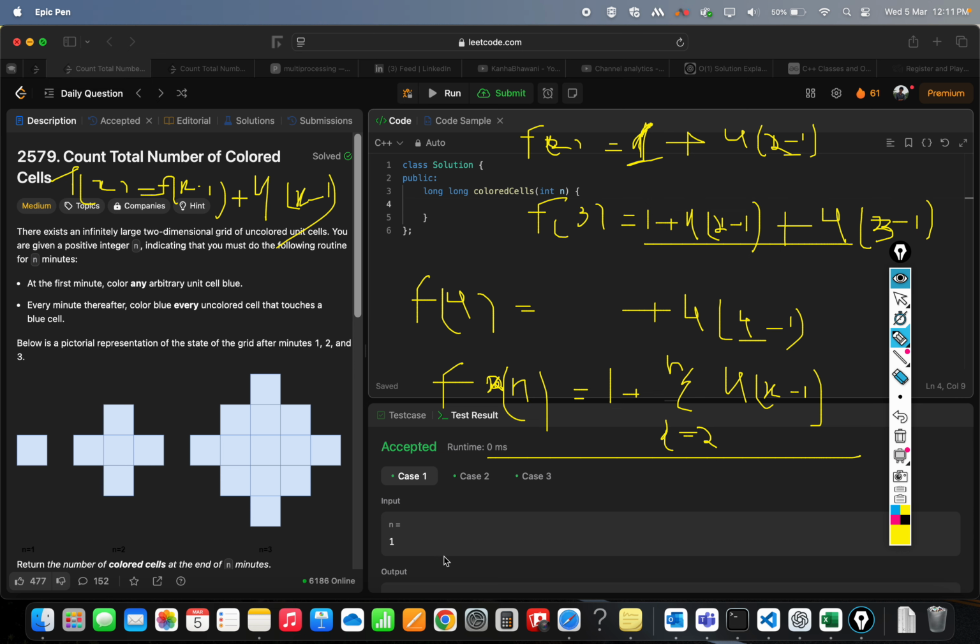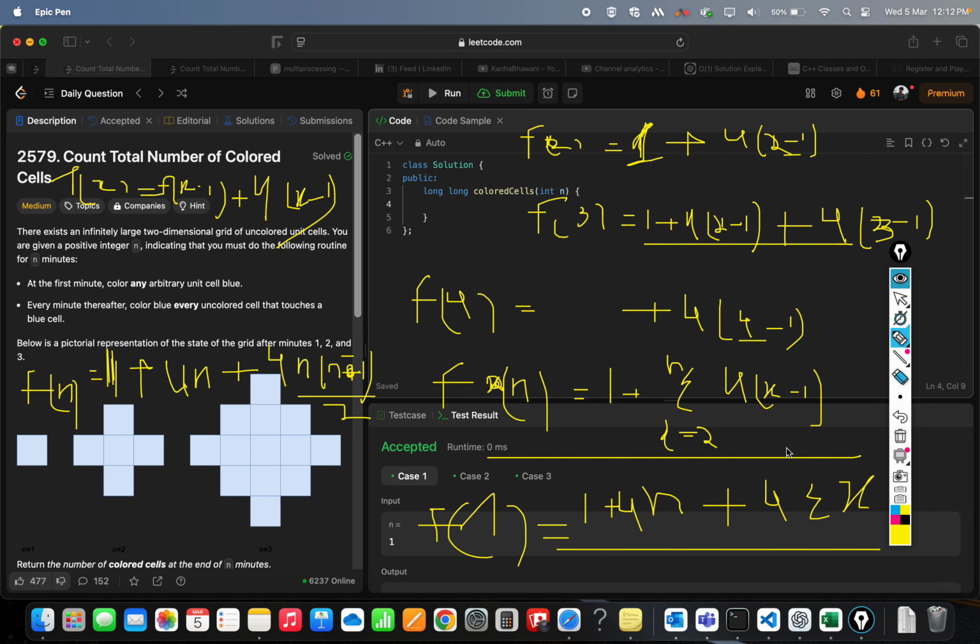Now let me write it here. f(n) is equal to, what is sigma x? 1 plus 4n plus 4 times, what is sigma x? n minus 1, n plus 1 by 2, n minus 1 by 2, right?